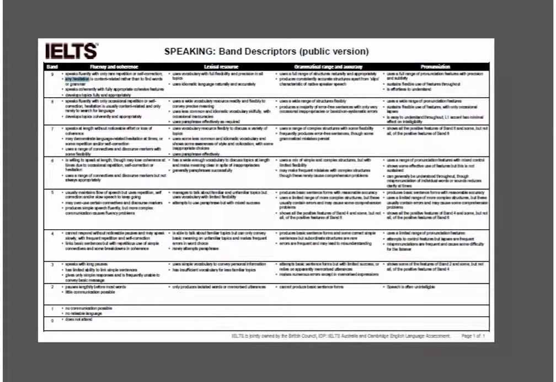This is a very clear and concise tool that we use when we practice the speaking section, where we can see what an examiner would look at. So they're looking at fluency and coherence, lexical resources, grammar range and accuracy, and pronunciation.